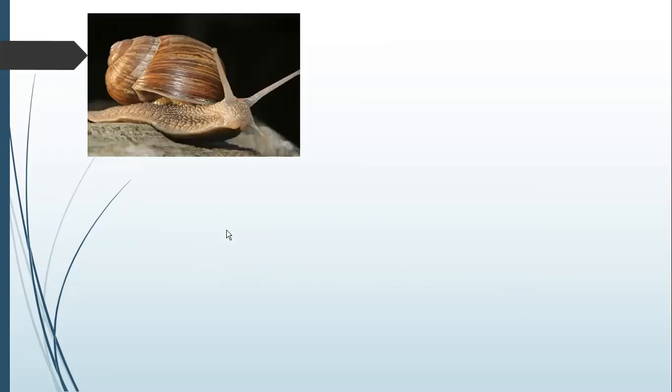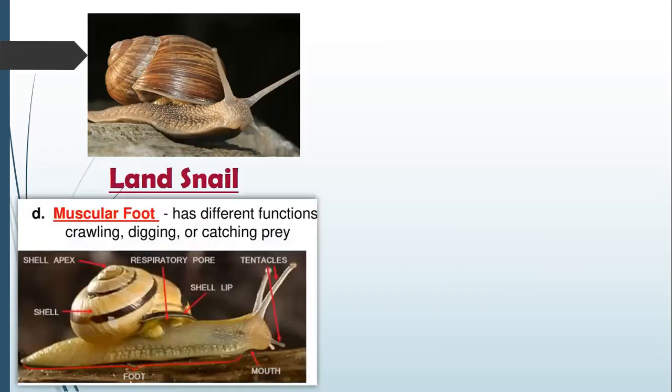Okay, let's see some common examples along with the differentiation of the foot, head and dorsal region. This is a common land garden snail, and you have noticed this in this group of organisms. This long soft structure is actually its foot. This is its head region, and look at this diagram as well.